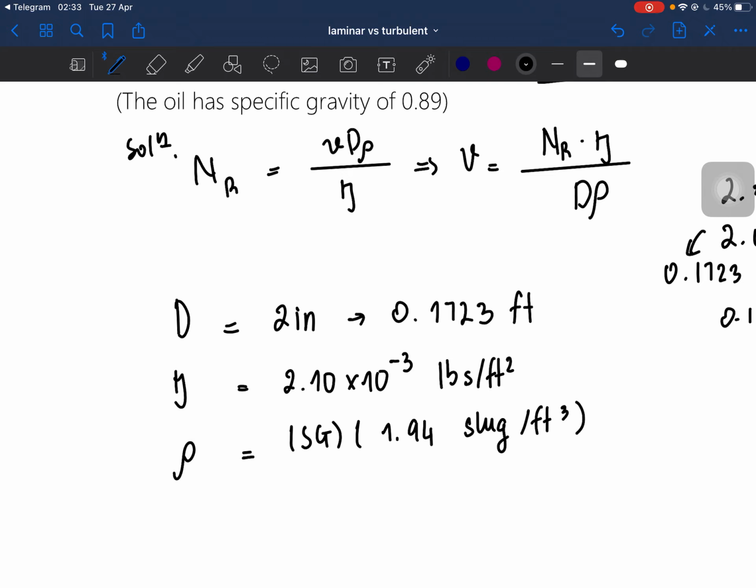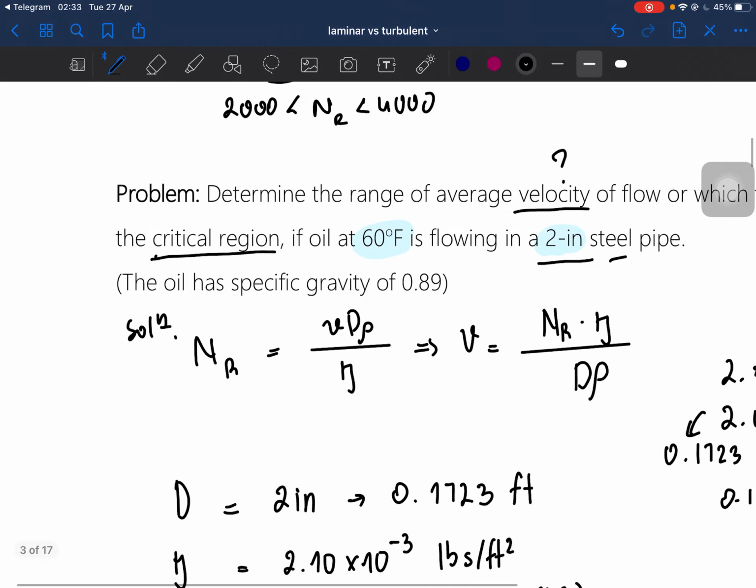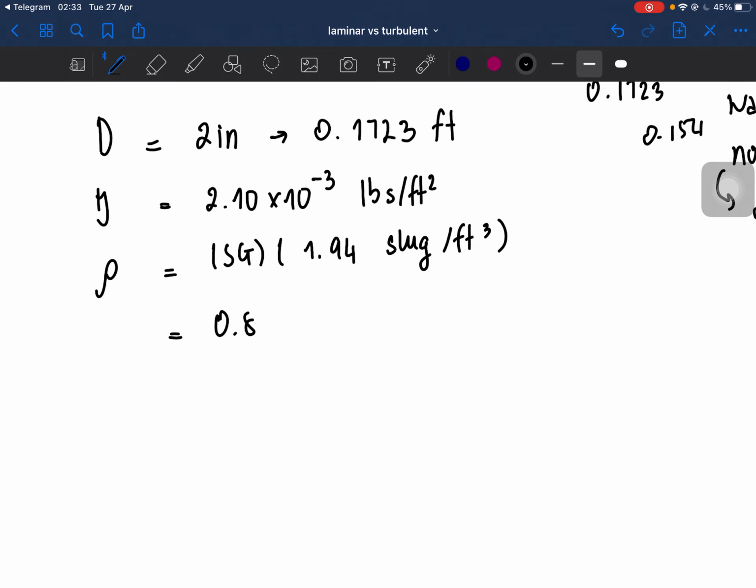So normally we have SG, the specific gravity, times the gravity, but in this case we're using the gravity in the US units. So now SG here we have earlier, 0.89 times 1.94 equals 1.726 slugs per feet cubed. Please note that SG has no unit.